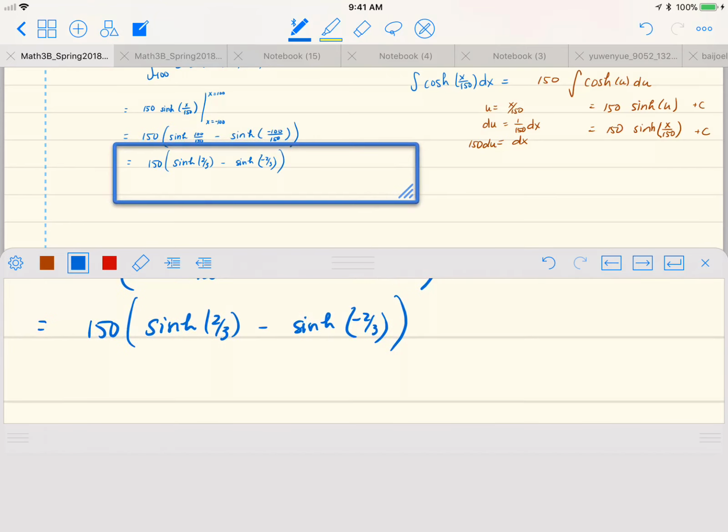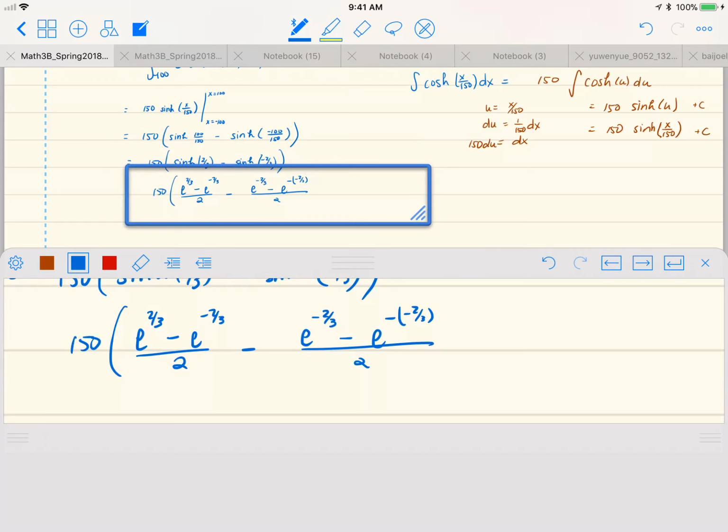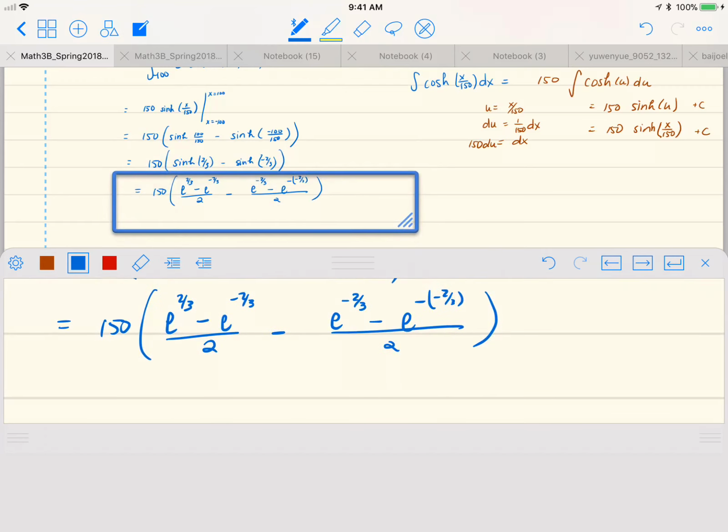Okay, so this is going to be e to the 2/3 minus e to the negative 2/3 over 2, minus e to the negative 2/3 minus e to the 2/3 over 2, all of this times 150. Now, some stuff should cancel out. So we'll have e to the 2/3 minus e to the negative 2/3, minus e to the negative 2/3, that's minus 2, and then minus negative is going to be plus, so that'll be 2.